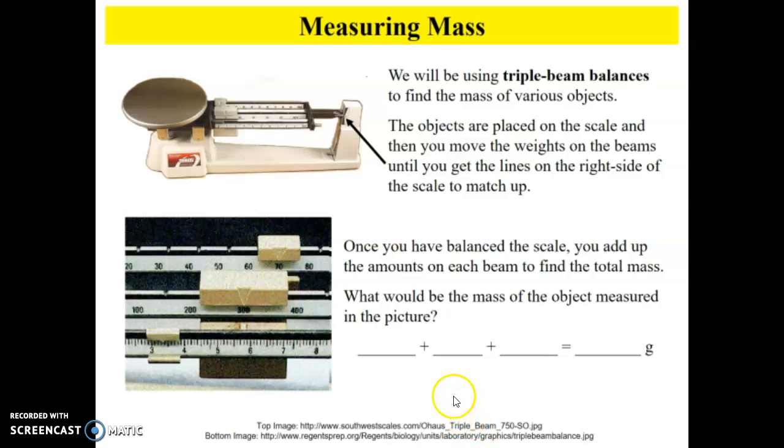So, you look at this scale on the bottom and tell me what you think this mass is. We're adding all 3 of the weights up, and you can see there are little arrows where the mass is. So go ahead, try and add the 3 of those up and get to a number.